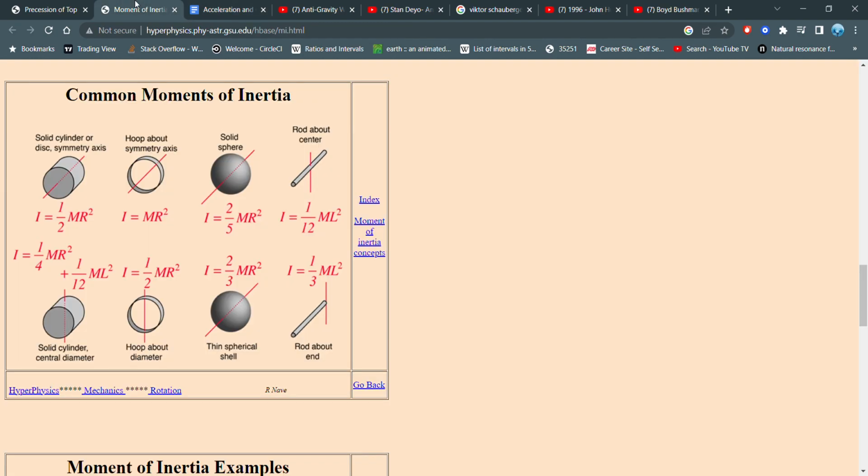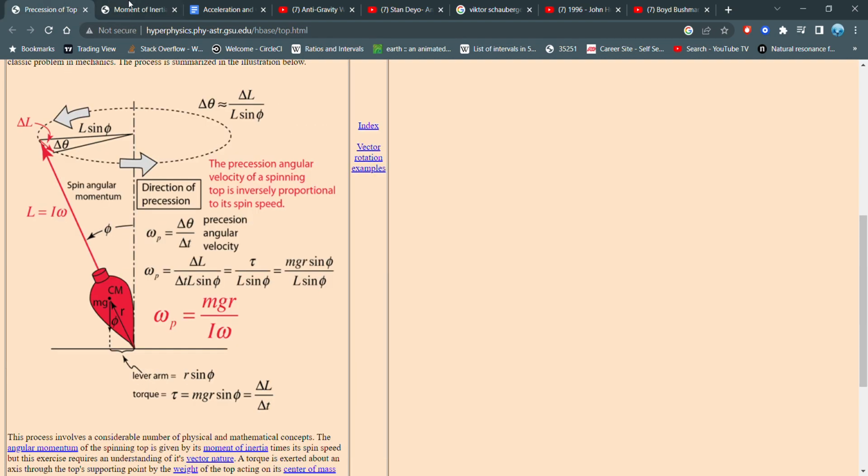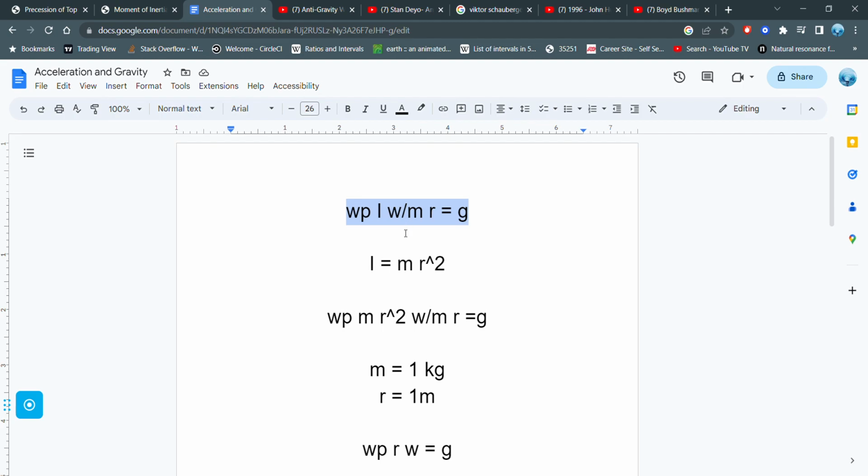Using the moment of inertia, in this case for a hoop, that being I equals mr squared. Substituting I equals mr squared in for I, you get omega precession times mass times radius squared times omega over mass times radius equals gravity.